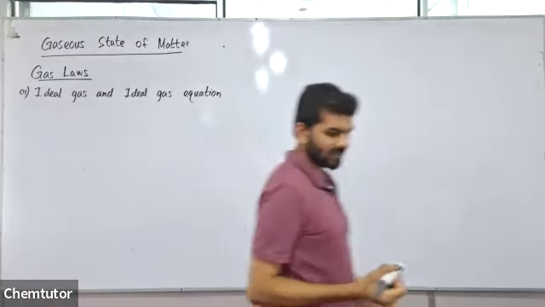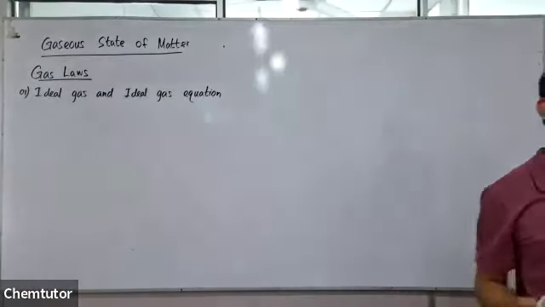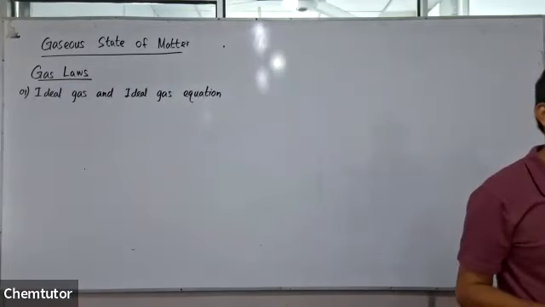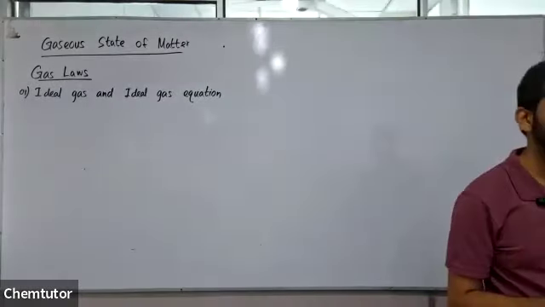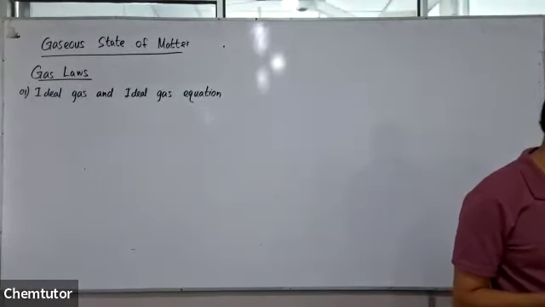Some people refer to the ideal gas equation as the equation of state, but in the current A-level syllabus we are not using that term. We are using the ideal gas equation.